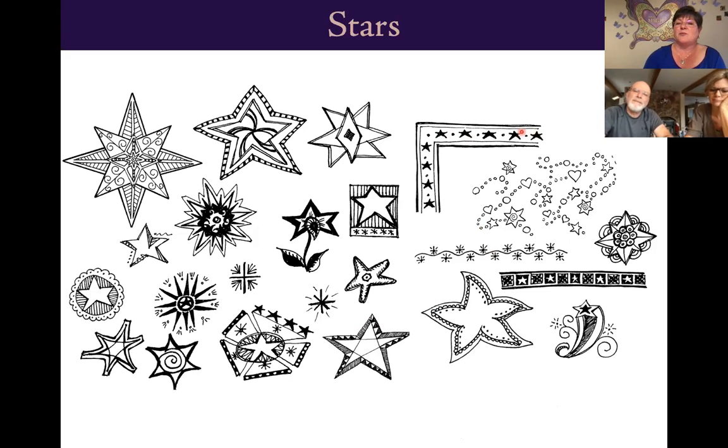Again, you can make patterns with the stars, curvy shapes with little pointy edges. This was a combination of circles and hearts and stars and several kinds. And then kind of a starfish shape that was more curvy and had a little bit more dimension to it.